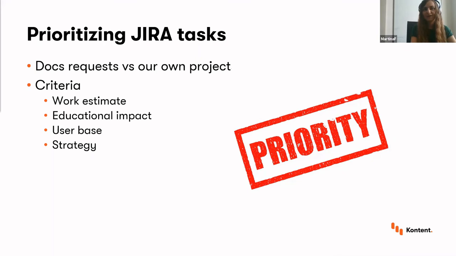So we came up with a system where during the grooming, they would assign values to each task based on its educational impact, user base it would affect, and alignment with the current strategy. We also estimated how long the task would take to complete, so basically its complexity.